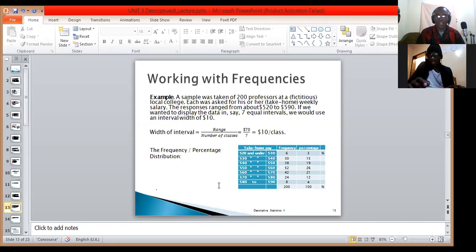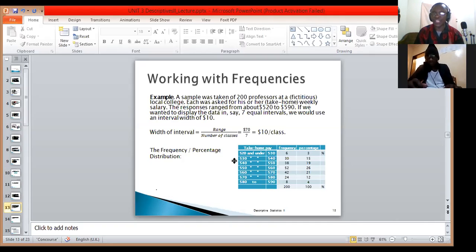Okay, so once you calculate the width of interval, then you are able to develop a frequency table. Our frequency table will be using a class interval of 10, which we have calculated. So we'll start from 520 to 530.